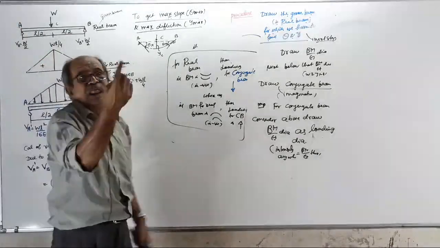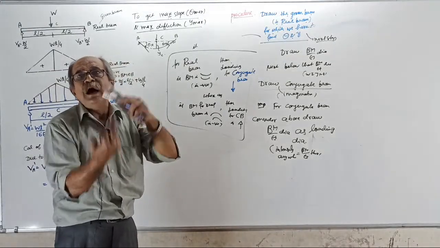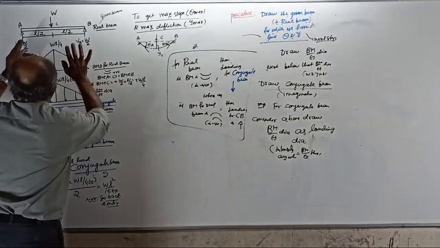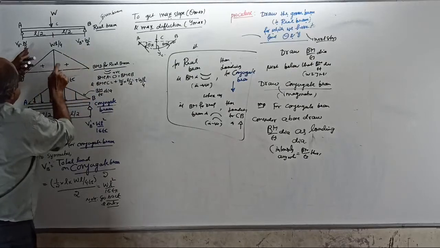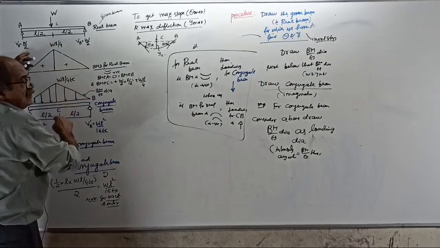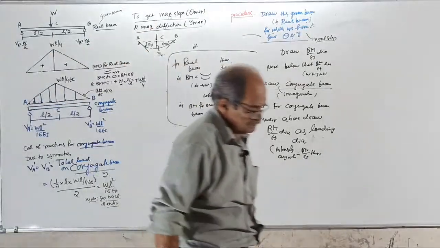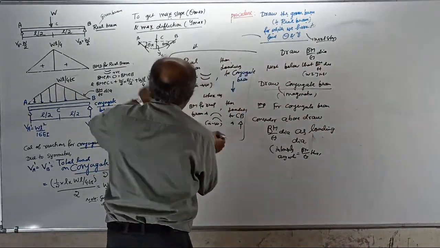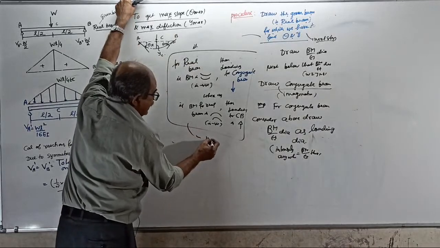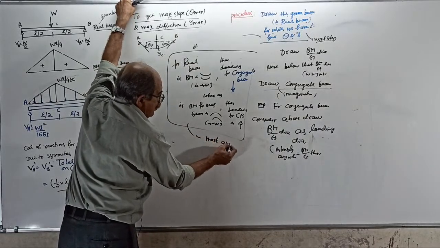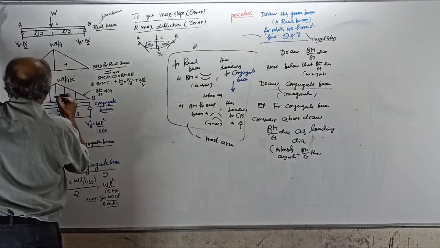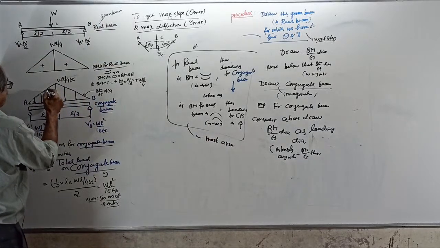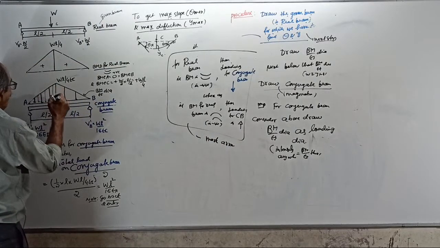When you go to a cantilever, negative BM will come, then up will come. So for our beam, this is plus here, so the loading is downward. Accordingly, mark the arrows, close arrows, this way. This is the loading for the conjugate beam.